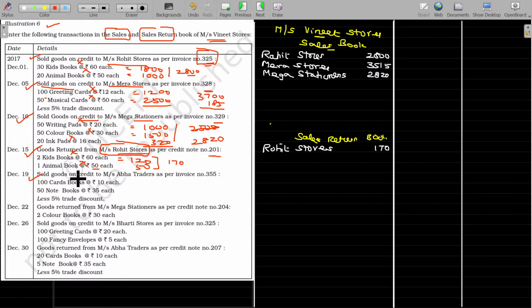19th, sold goods on credit to Mrs. Haba Traders. 100 card books at rupees 10 each, total 1000. 50 notebooks at rupees 35 each, 1750. Total being 2750.